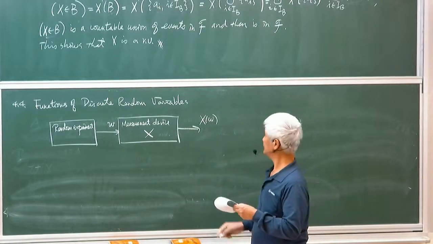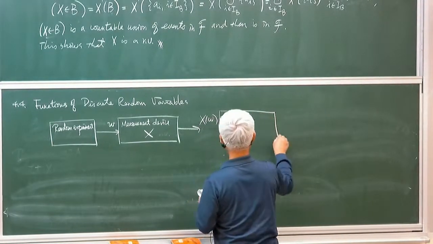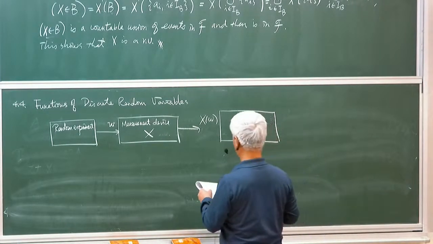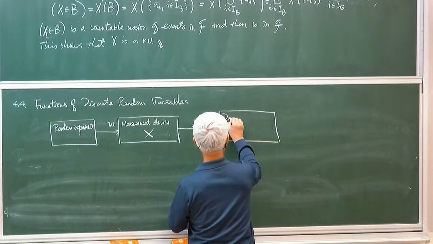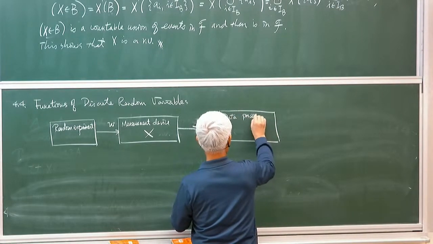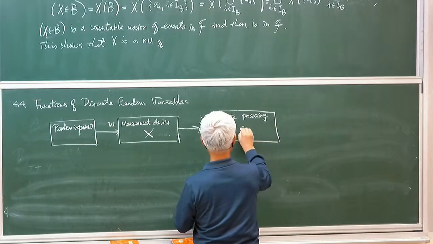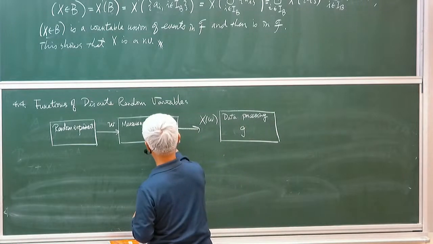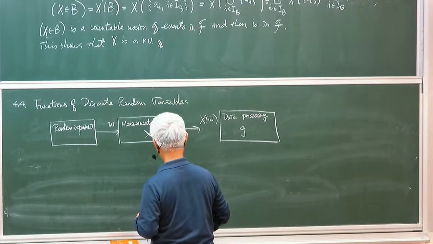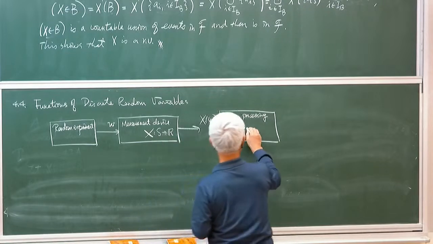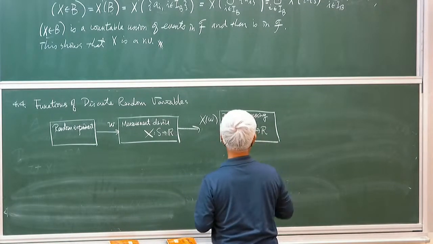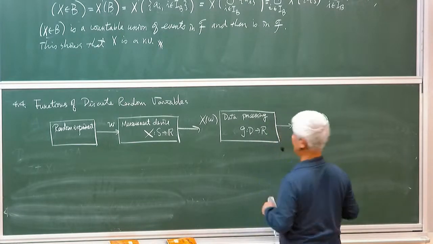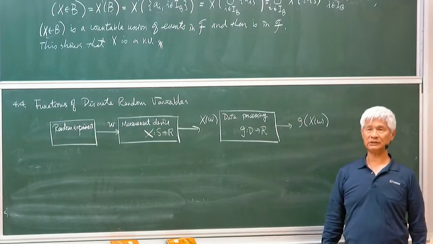Instead of using the measurement value directly, we may do some data processing, say G. So G is our data processing function.